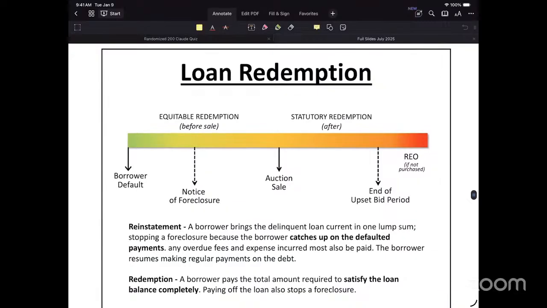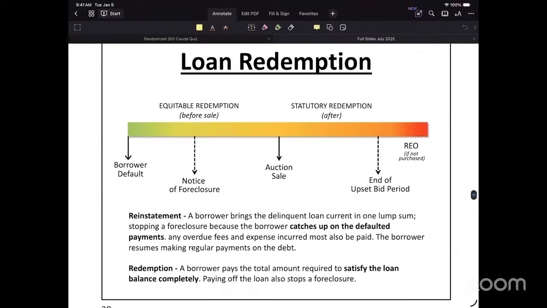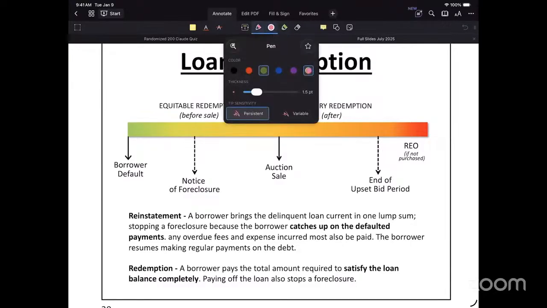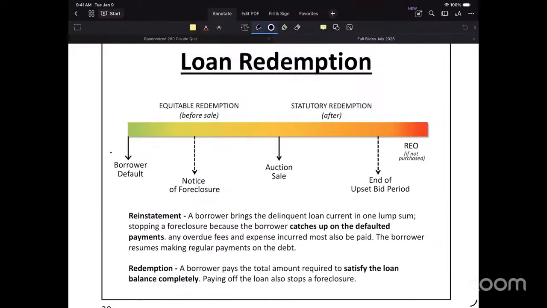So we're talking about loan redemption. When somebody defaults on a loan, you miss a payment, we officially say you're in default, and a bank doesn't have to foreclose on you right away.